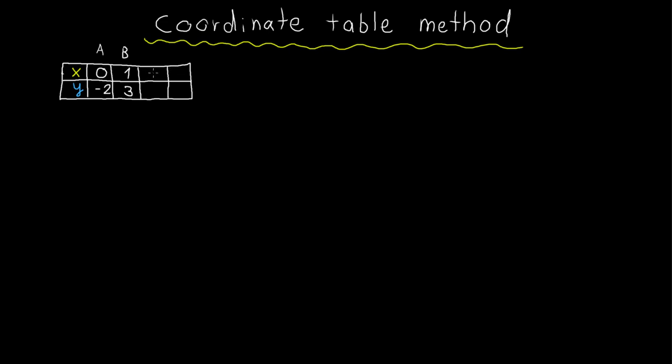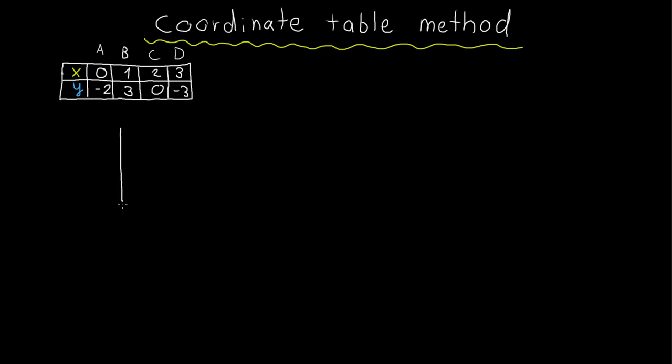Let's add another point. Let's say it goes back to 0. And number 3, let's say it jumps all the way down to -3. So this is as if we have A, B, C, D. One important thing is that we're going from 0 to 1 to 2 to 3. So it's quite easy to draw this line.